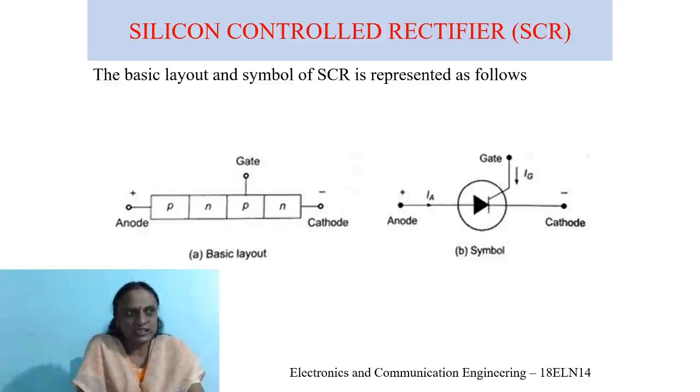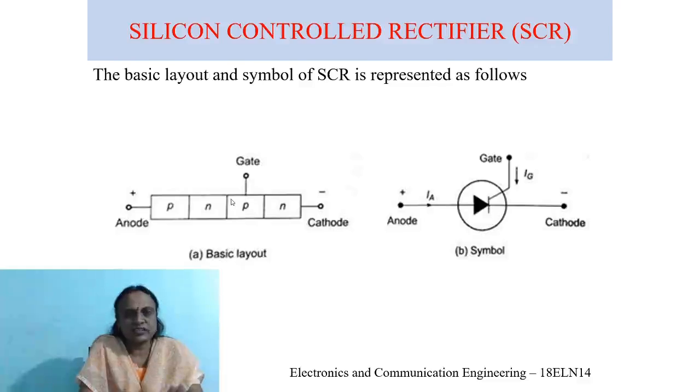I repeat, when a forward voltage is applied across anode and cathode, no conduction takes place as the middle PN junction is reverse biased.